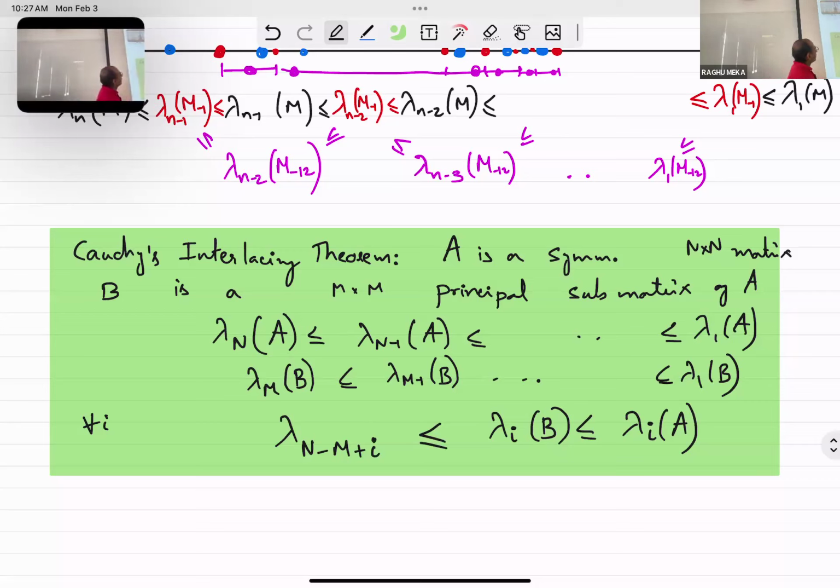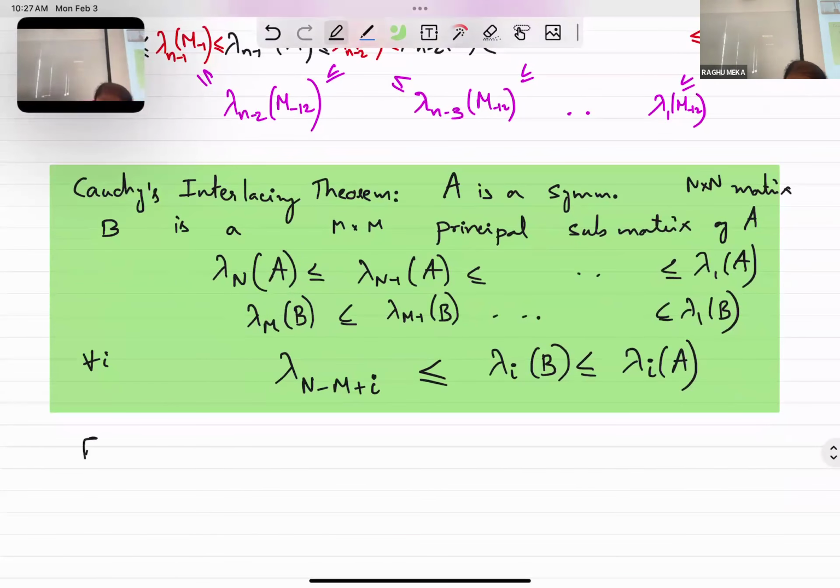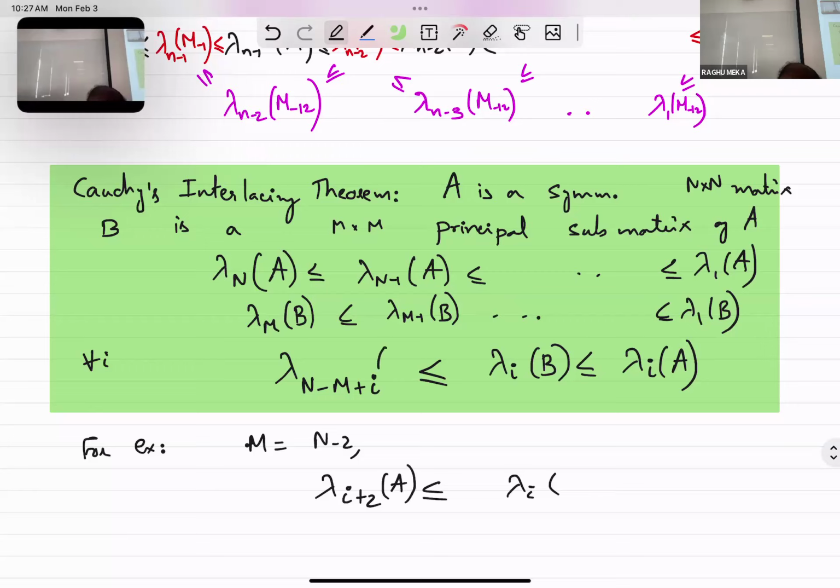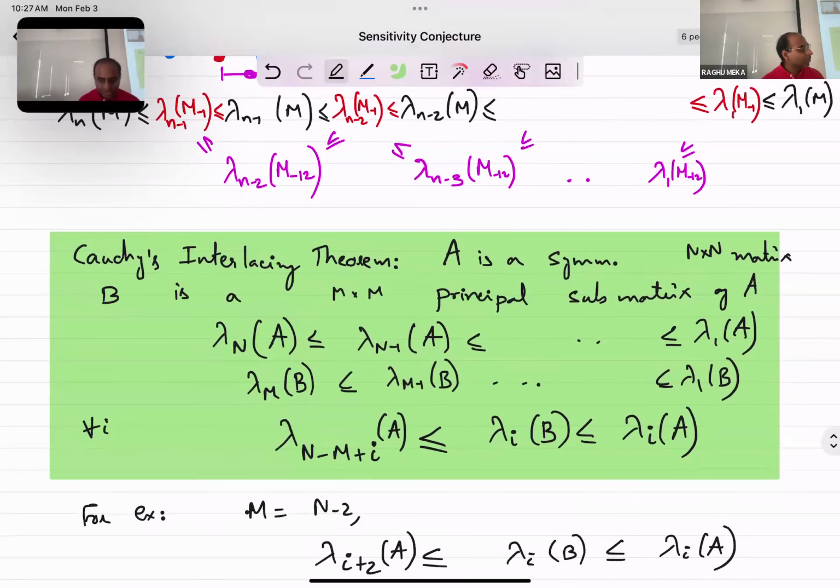In the same way, you would get this. It's not that difficult to check, just do it by induction. So for example, m equals n minus 2, we get lambda i plus 2, which is what we were seeing here.